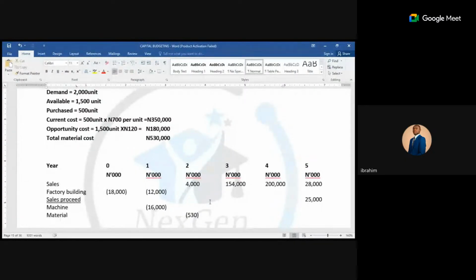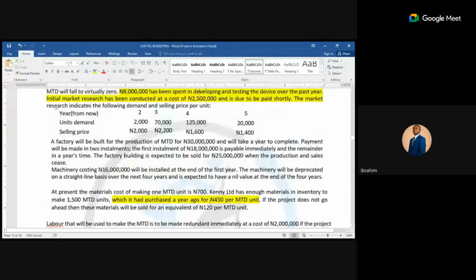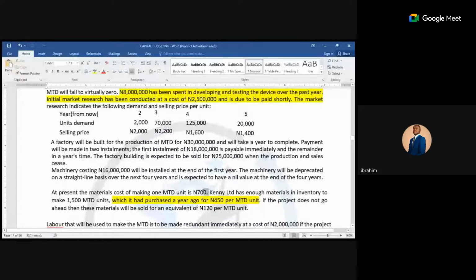Now, what will be the costs after year two? What will be the cost after year two, class? The 700 naira per unit times 70,000 units produced. Thank you. After that, 700 times 125. 700 times 20.